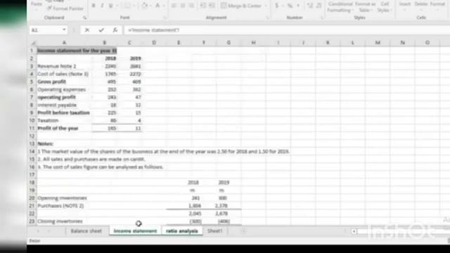Sales revenue, as we know, is in the income statement, so we find the sales revenue there. Operating profit is 47 in 2019, and the sales revenue is 2681, which is above, and we put it in the formula.